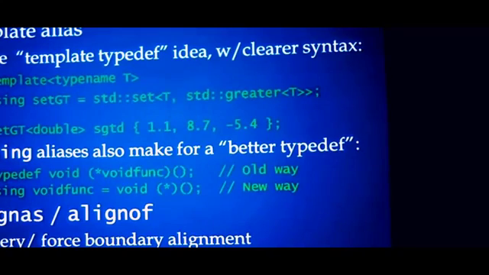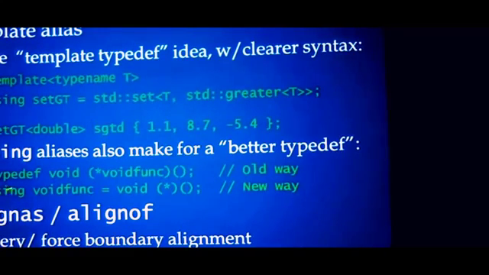cosmetic touch. Well, the using mechanism can also be used as an alternative to the old-fashioned typedef mechanism. So here's the old-fashioned typedef. Void func is a func taking no arguments, returning void. Right? Actually, void func is a pointer to a function taking no arguments and returning void. But somebody who isn't familiar with typedef looking at this is going to get confused. I get confused looking at that.